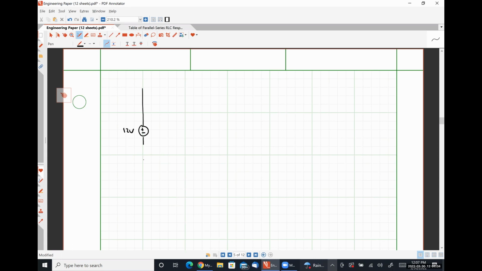So here's our 12-volt source. Here's our 2 ohm resistor, our 6 ohm resistor.